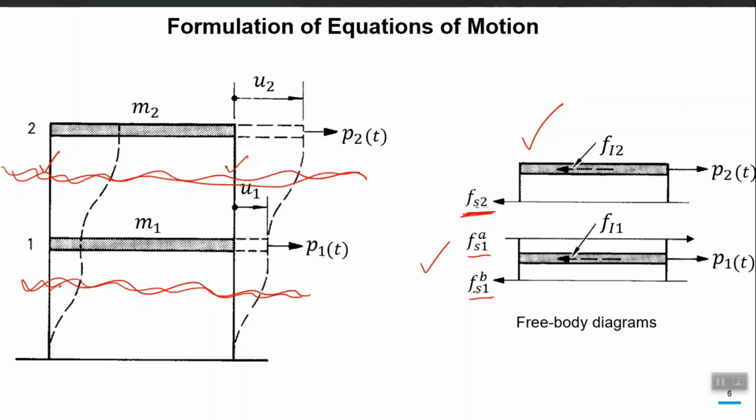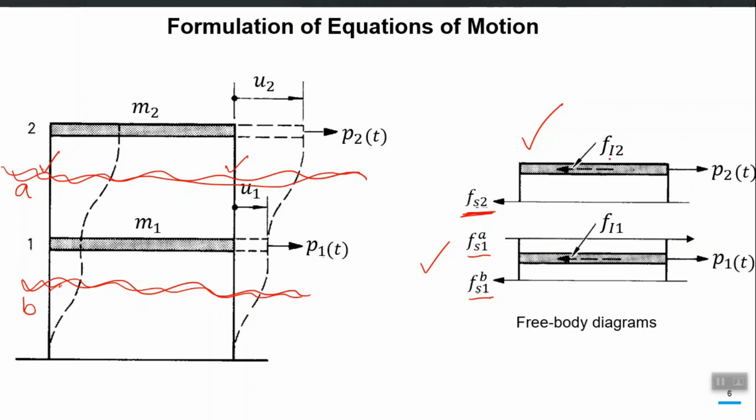Fs1 corresponds to the elastic restoring force experienced by story 1, and A and B represent two different cuts. So this is section A, this is section B. Fs1A is because of that section cut, Fs1B is because of that section cut, right. So these are the two free body diagrams which we obtain if we have two sections passing through two stories.